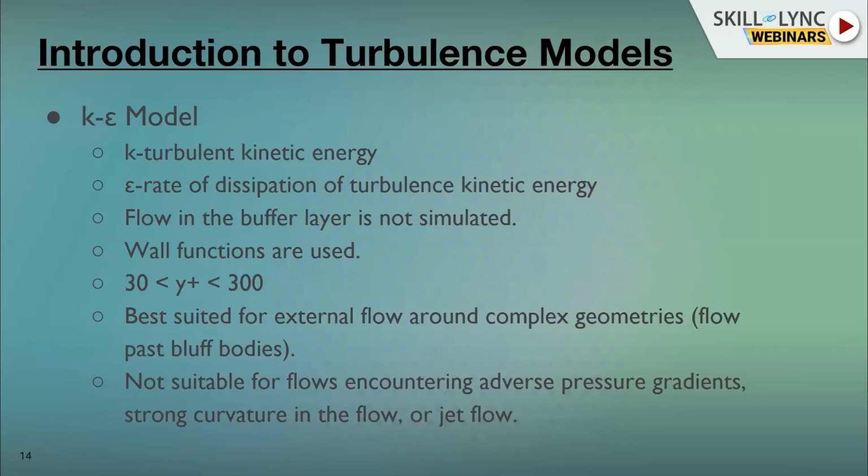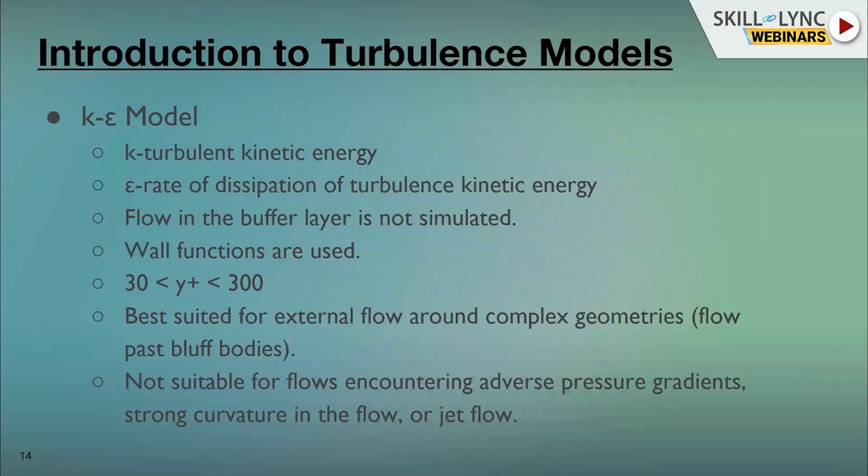It is not suitable for flows that encounter adverse pressure gradients and strong curvature. For example, if there is an adverse pressure gradient, or a pipe with a lot of bends, the K epsilon model will not be a good choice for modeling those kinds of flow applications.